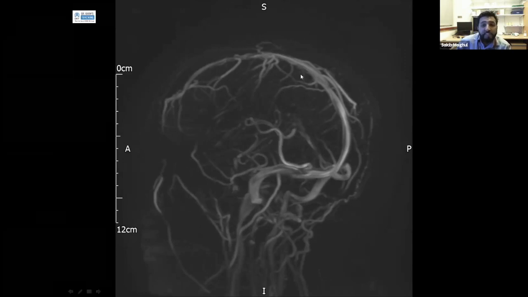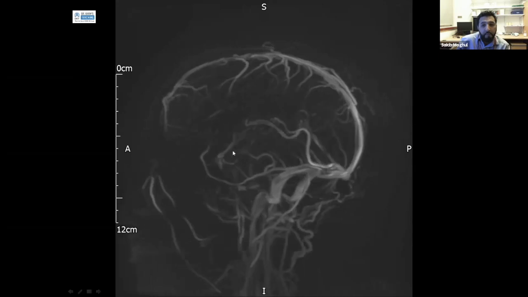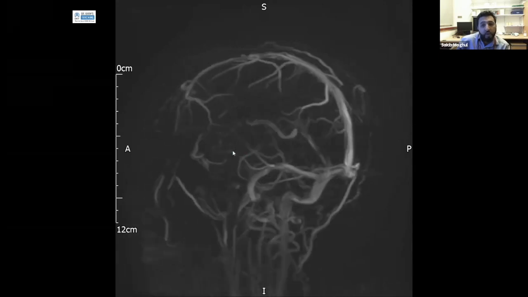You can't really see a prominent Trolard vein, and that's why it's important to recognize that it's not always there or not always that visible. You can see the straight sinus over here, and then the vein of Galen, and you can just about see these paired internal cerebral veins as well. As we go more laterally and slightly more anterior oblique, again, paired internal cerebral veins, the vein of Galen coming up over here.